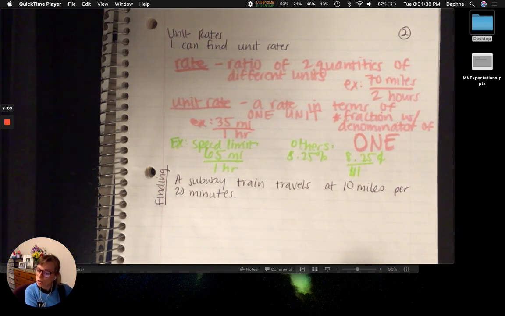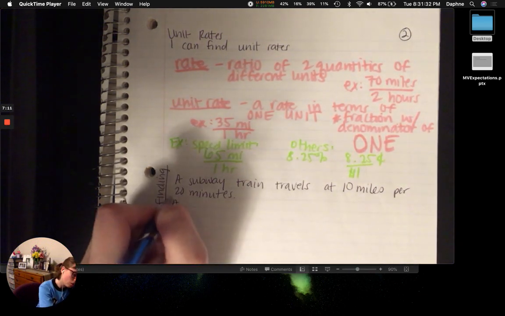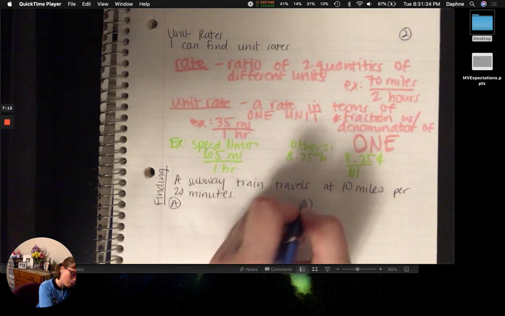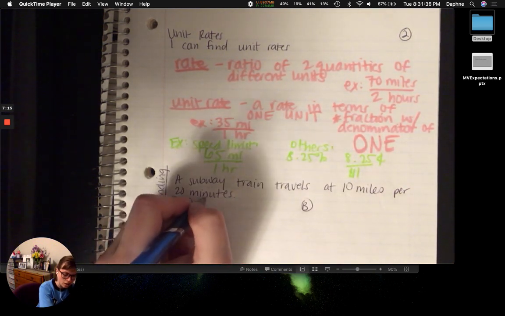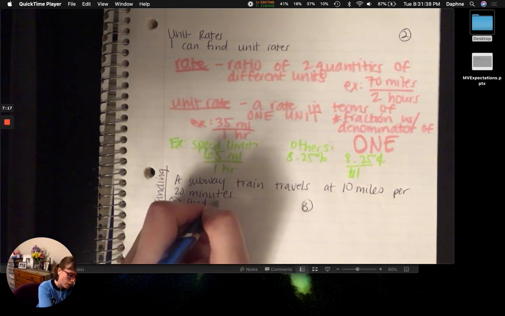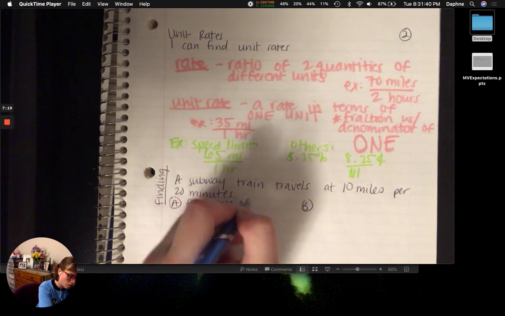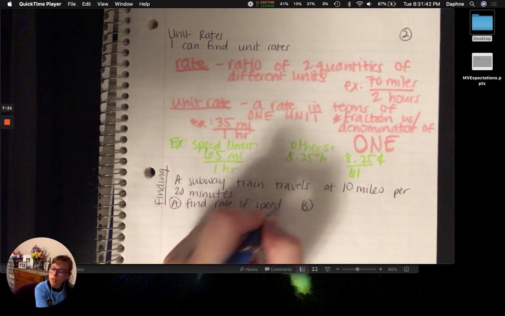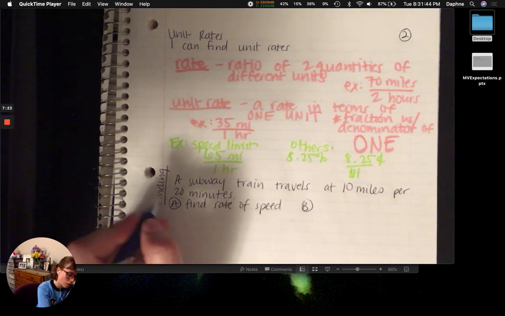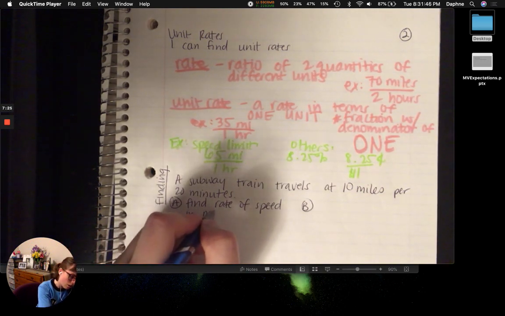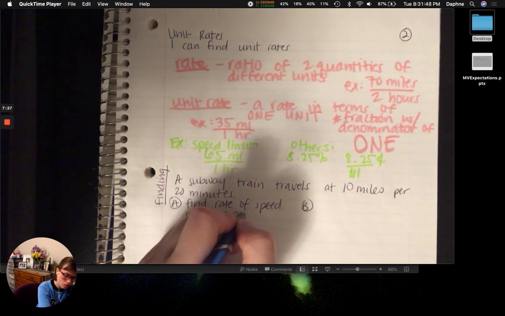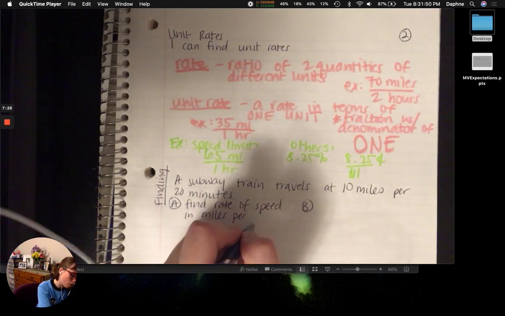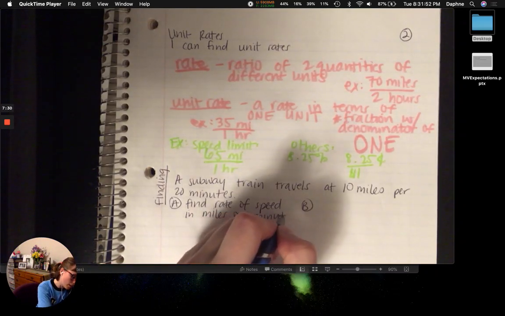So I want two examples, A and B. I want us to find the rate of speed in miles per minute.